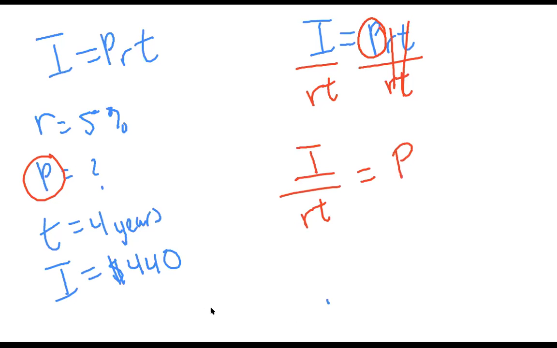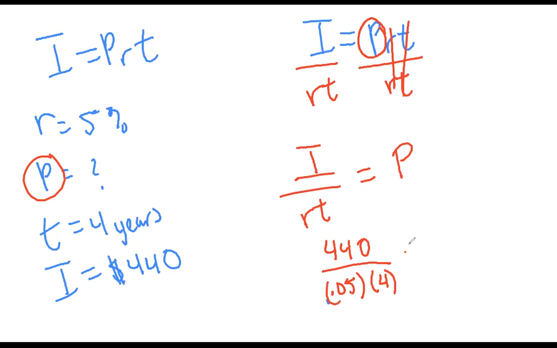All right, so now we just plug your numbers in. 440 divided by 0.05, right? Because you have to change the percent to a decimal, times 4.